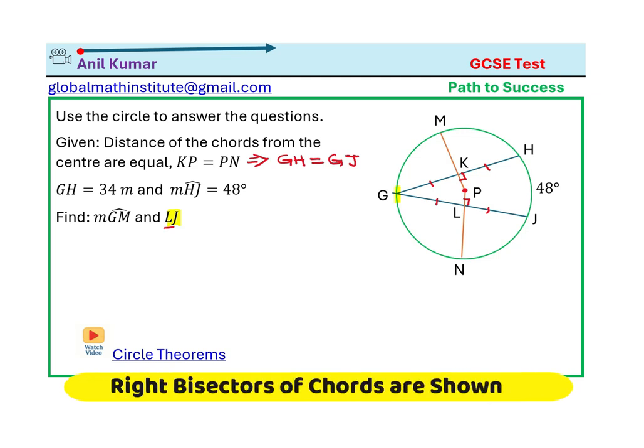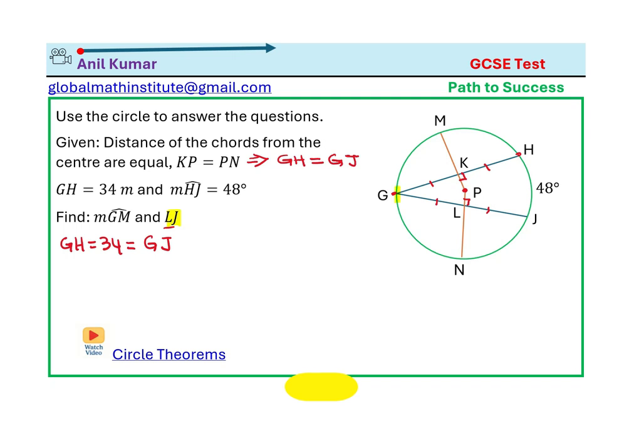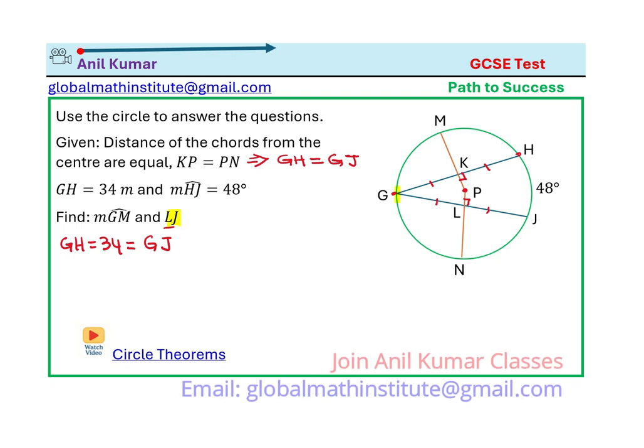We are given GH as 34, so this length GH is 34. So let me write down GH is 34. That is also equal to GJ, right? Since the distance from the center is equal, their length is also the same, correct?